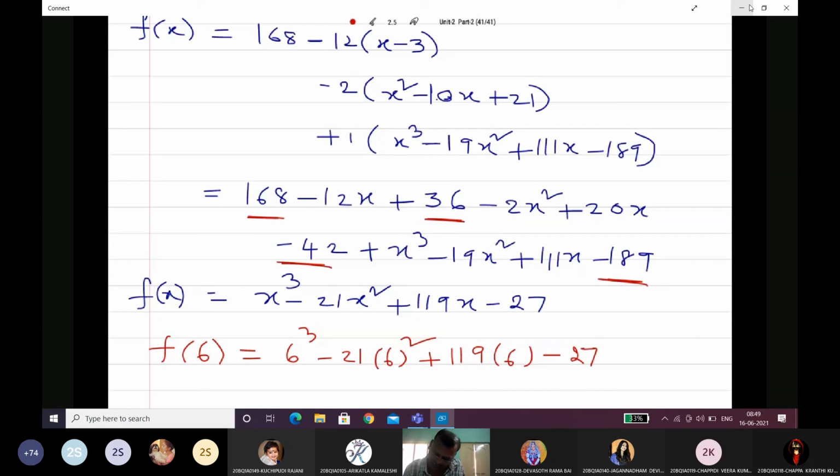See how much this comes to: 6 cubed minus 21 into 6 square plus 119 into 6 minus 27. Can anyone tell me? 6 cubed minus 147, sir. 147. That is the answer.